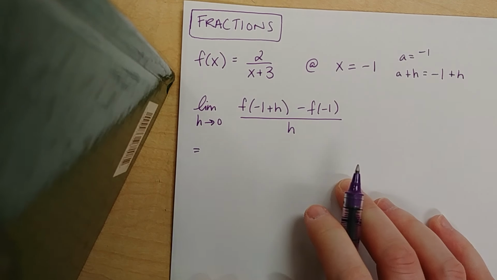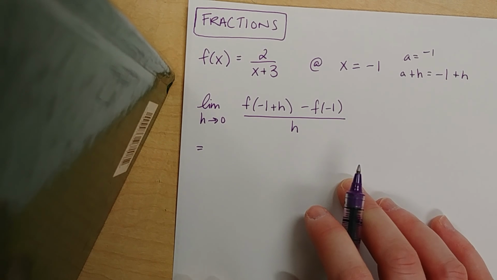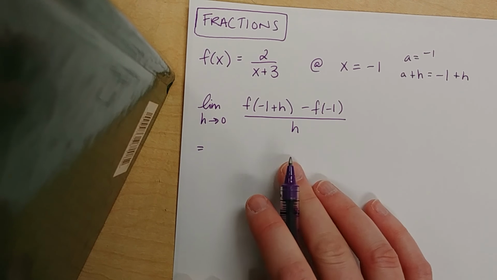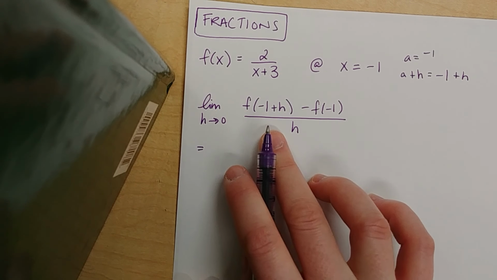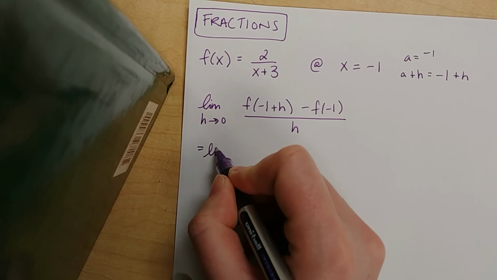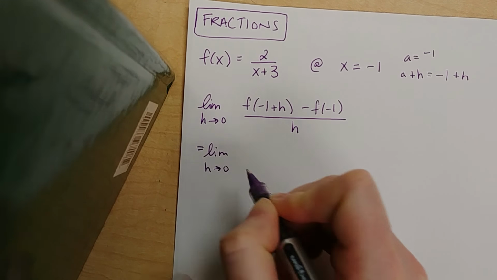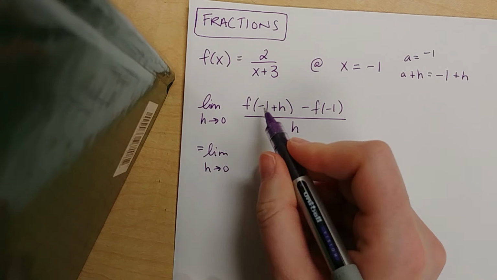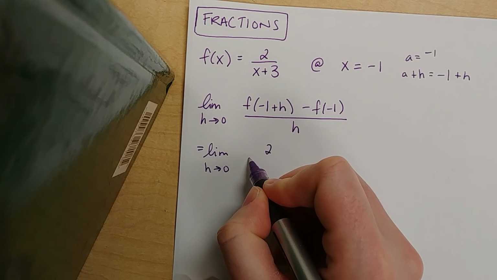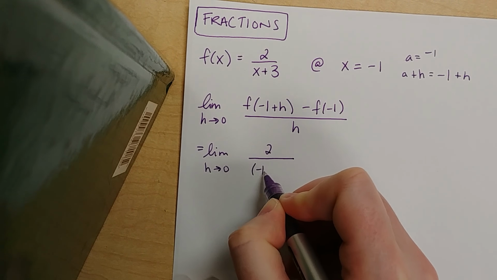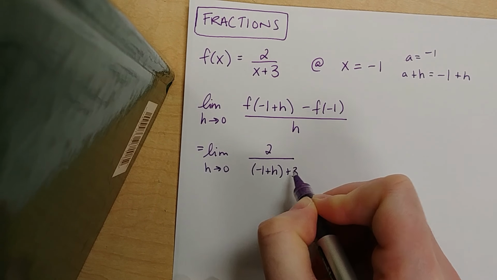And again, to find the limit, to find the slope of the tangent at this particular function, I need to set up my difference quotient, and I need to plug in these x values into the function to get the y values. So I set up my limit notation, I take this x coordinate, and I plug it into the function. So this becomes 2 over -1 plus h plus 3.